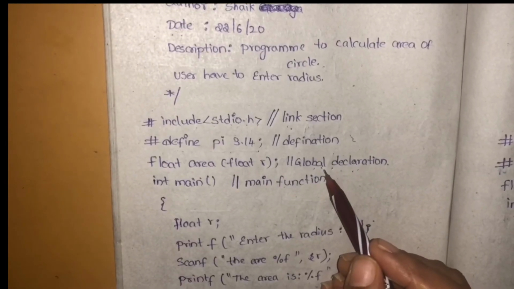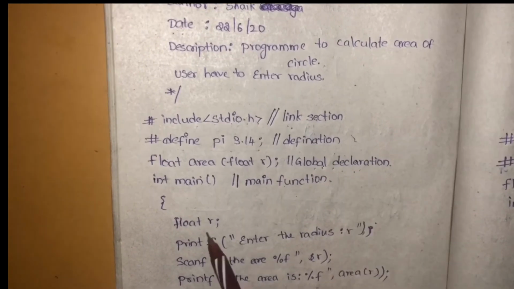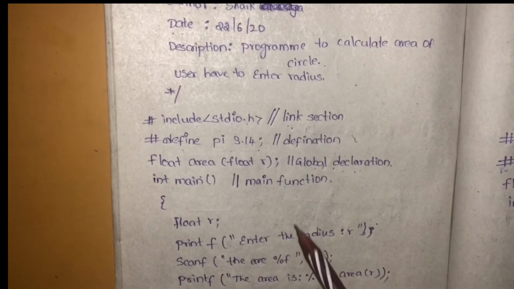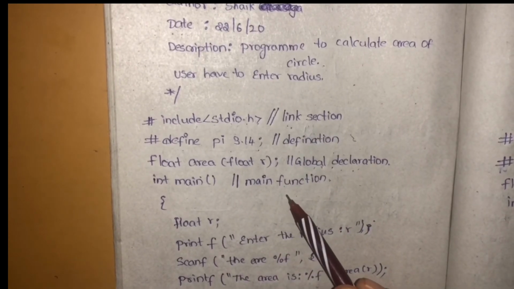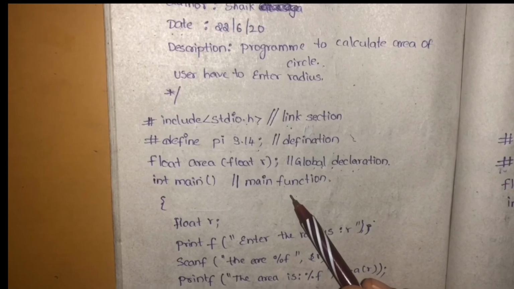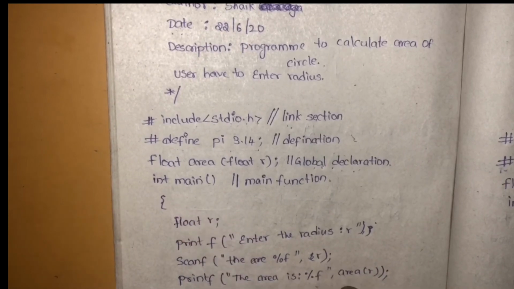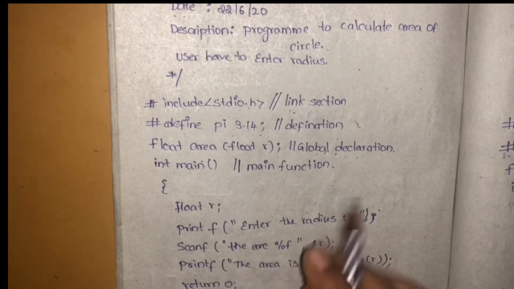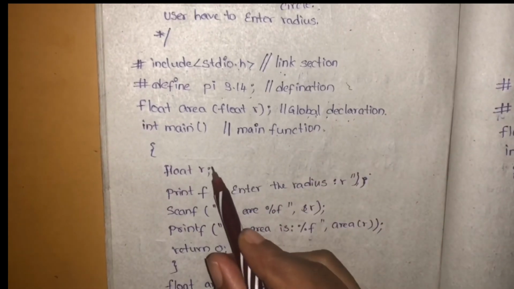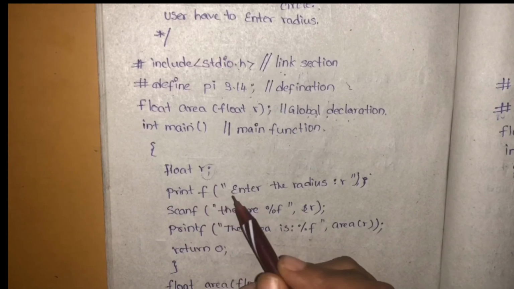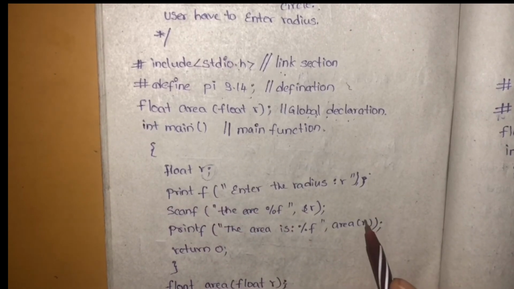Global declaration also declares user defined functions. Here coming to the main function. The main function is divided into two parts. One is declaration, another one is execution. Both are present under the braces. Every declaration and execution statement must have a semicolon at the end. Every execution part consists of at least one statement.